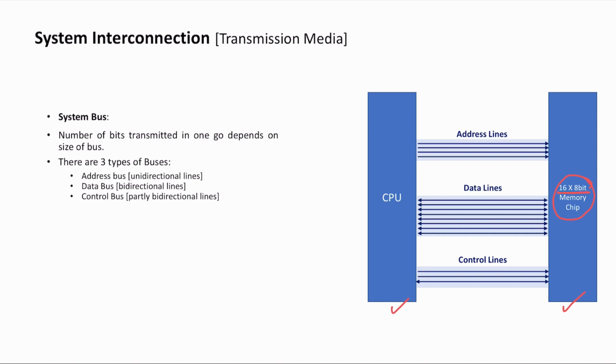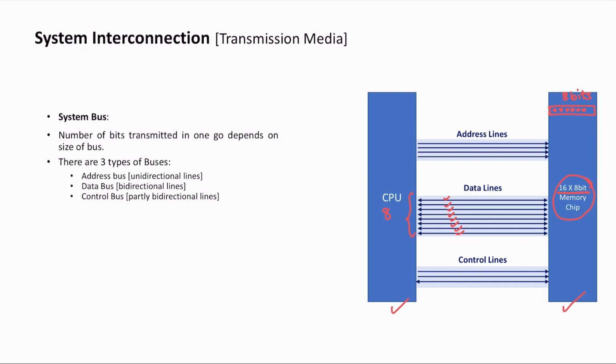Why is that? Because each cell has 8 bits of information, the number of lines in the data bus will be 8. 1 2 3 4 5 6 7 8, right? So we have 8 lines in order to send one bit from each line.